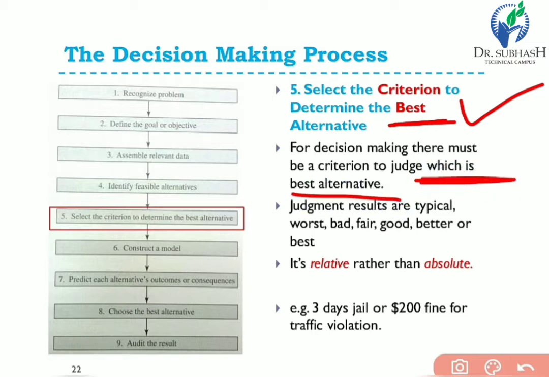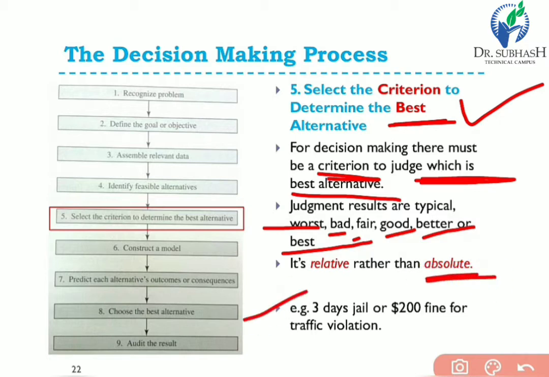Here we set a criterion for best alternative selection. Judgment results are typically worst, bad, fair, good, better and best. But which one we choose is relative rather than absolute.